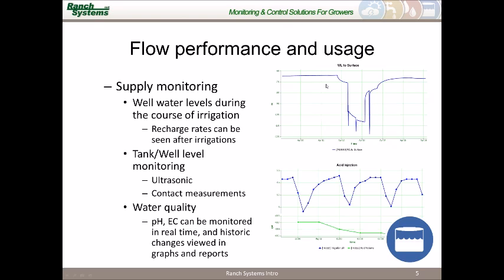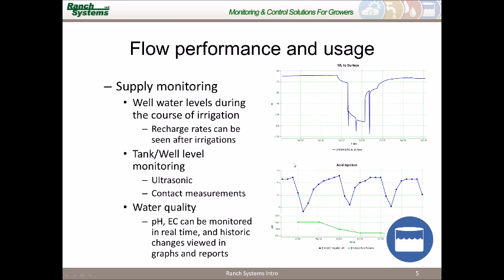In this case, we have a graph to the right, which is of the water level from the surface to the water. So this is negative 65 feet here, and this is just a very simple view of this data. So you can see here that we have an irrigation event that's occurred.